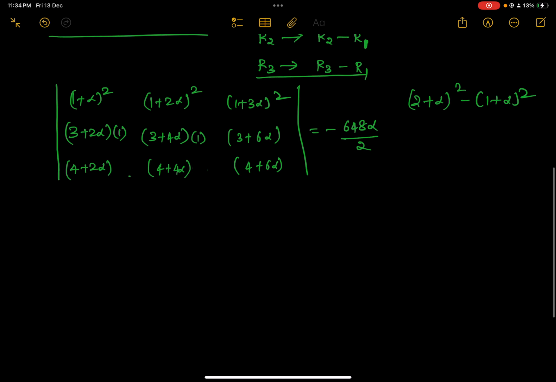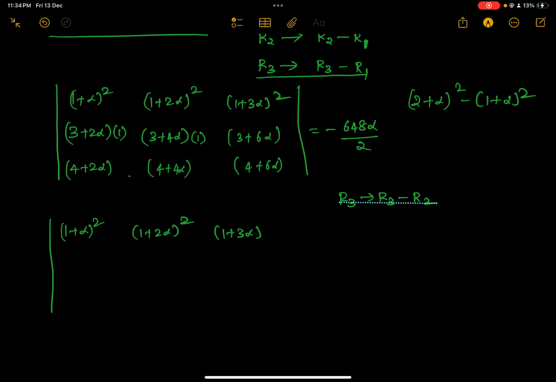All right, now again on r3 we will apply r3 minus r2. So that will be 1 plus alpha whole square, 1 plus 2 alpha whole square, 1 plus 3 alpha whole square.